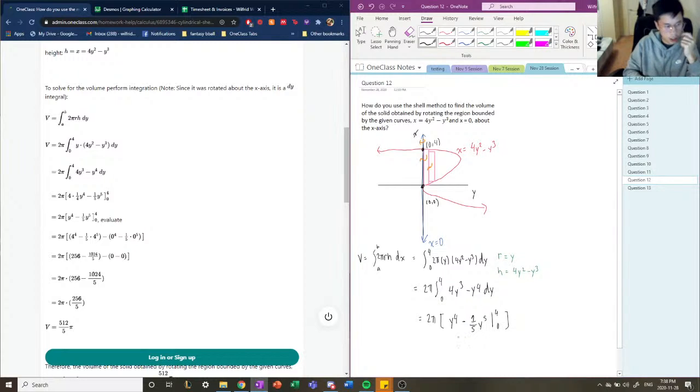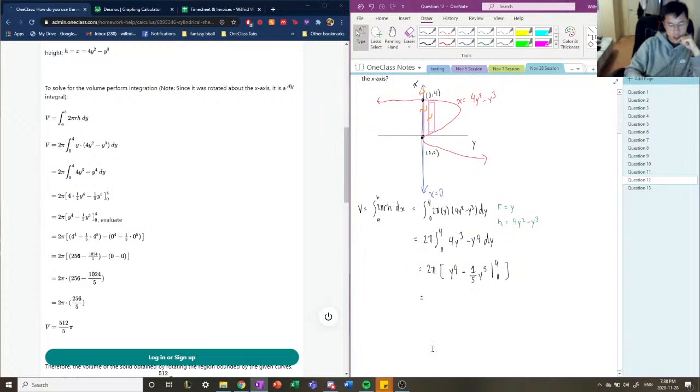Okay, so we're going to evaluate this definite integral now, which is 2 pi of 4 to the power of 4 minus 1 over 5 times 4 to the power of 5, minus 0 to the power of 4 minus whatever, 0, so 0.